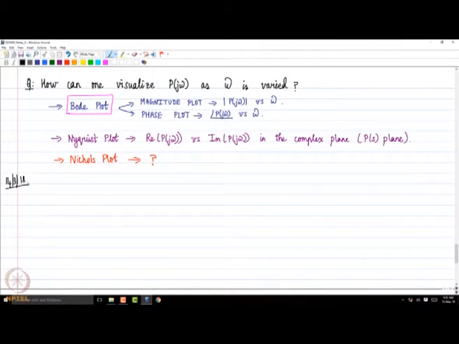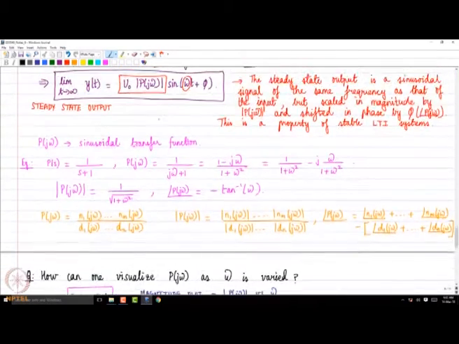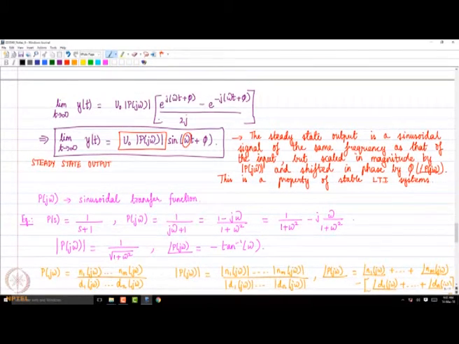As far as frequency response is concerned, we saw that one important property of linear time invariant systems is that, let's say we give a sinusoidal input of frequency omega, the steady state output is also going to be of the same frequency omega, but the magnitude of the input is going to be scaled by the magnitude of P of j omega, P of s being the plant transfer function, and the steady state output is going to be a sinusoid, but shifted in phase by phi.